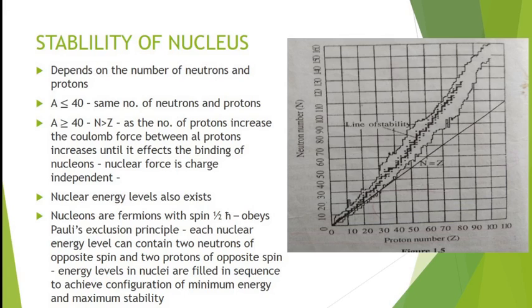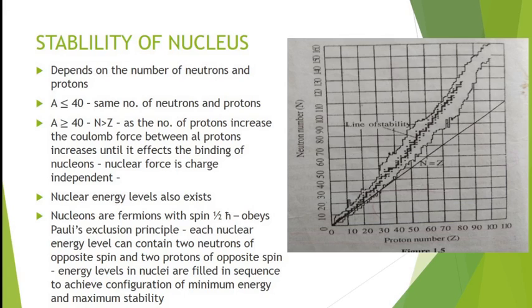So each nuclear energy level can contain 2 neutrons of opposite spin and 2 protons of opposite spin. You know how to fill the electrons in particular states, isn't it?